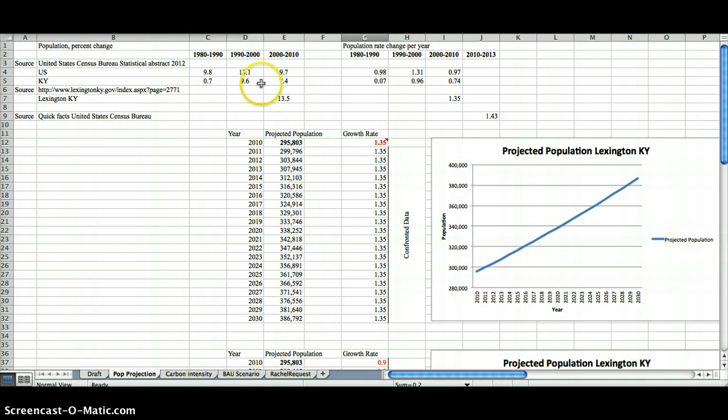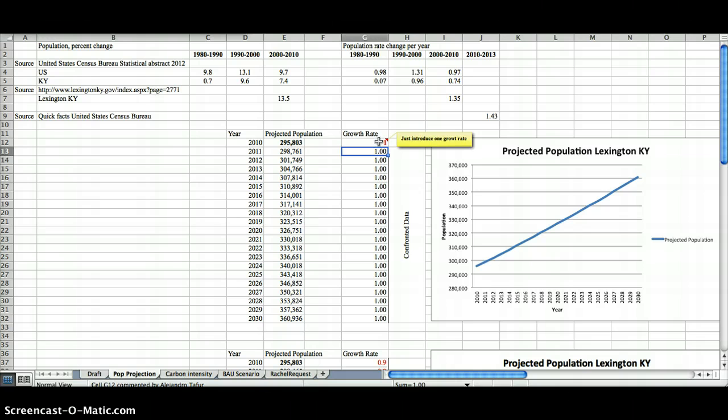The source of this growth rate, specified for Lexington, Kentucky, I took from the Lexington, Kentucky government official page, so I think it's a good source to calculate the population growth till 2030. So you can put whatever value here, and it's going to calculate.